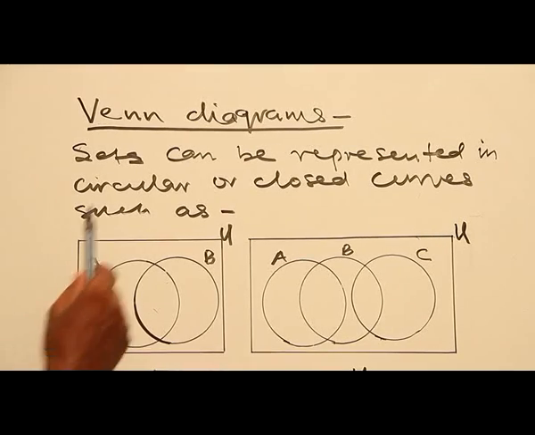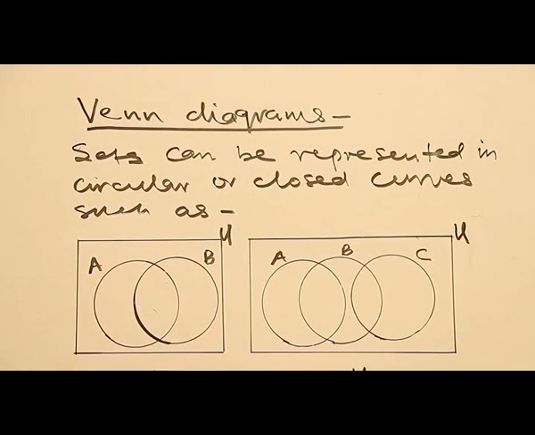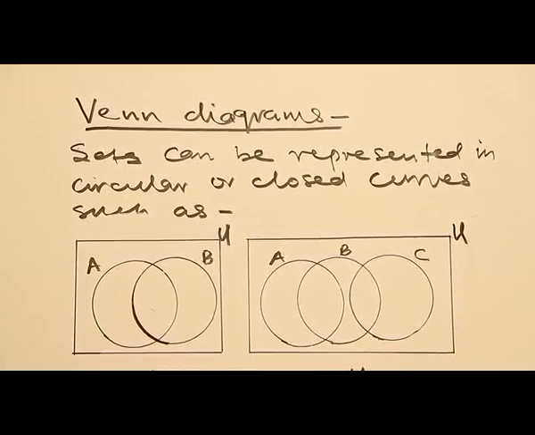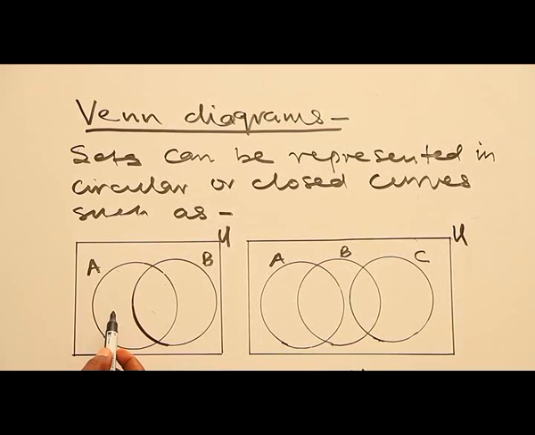Now let's look at Venn diagrams. Sets can be represented in circular or closed curves such as this.